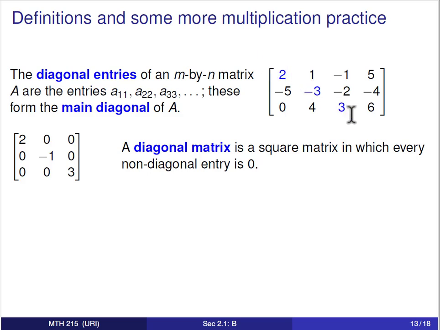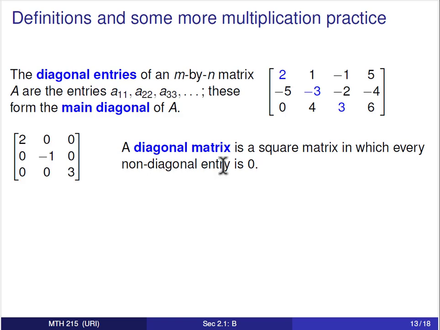Altogether, these entries form what is called the main diagonal of the matrix. The main diagonal always starts in the top left corner and just proceeds down, moving over one entry in each succeeding row.